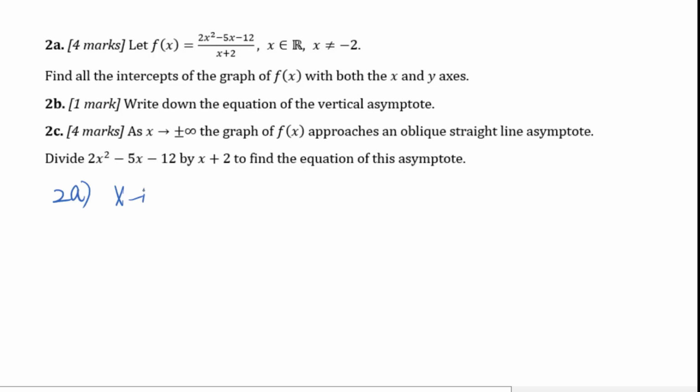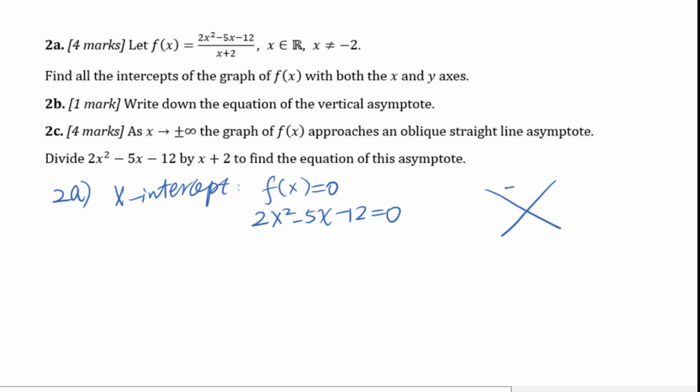For the x-intercept, we will make f of x equals 0, which means the numerator equals 0. 2x squared minus 5x minus 12 equals 0. Using the ninja method: 2 times negative 12 is negative 24, and negative 5 over 2 over 2, positive 3 and negative 8, reduce, negative 4 over 1. X, bottom up.